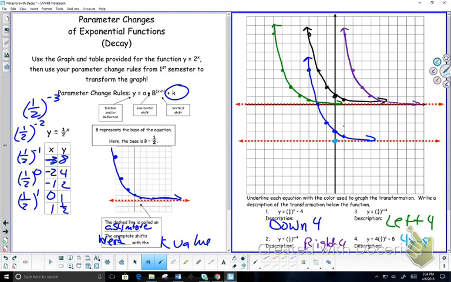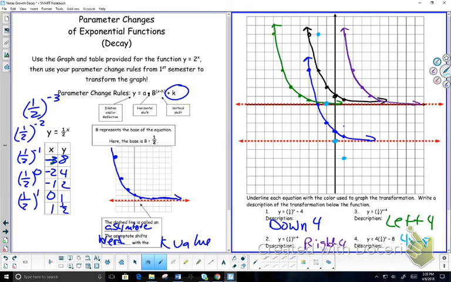Then we have 1/2 multiplied by 4, 2, subtract 8, negative 6. 2 multiplied by 4, 8, subtract 8, 0. 4 multiplied by 4, 16, minus 8, 8. And then of course the other point's going to go off our chart.